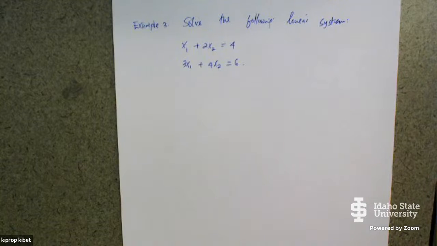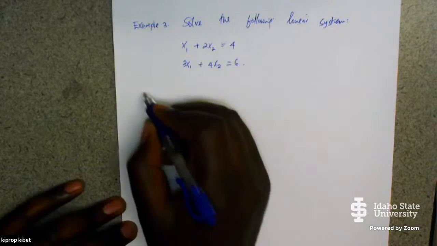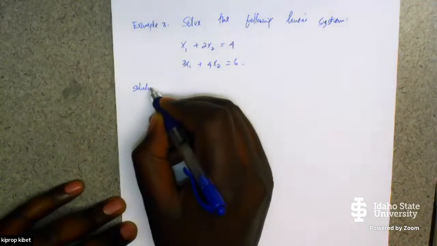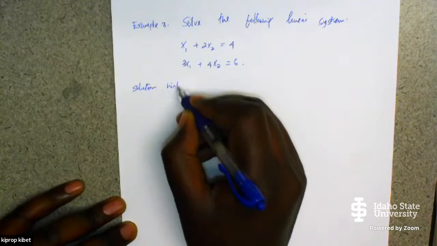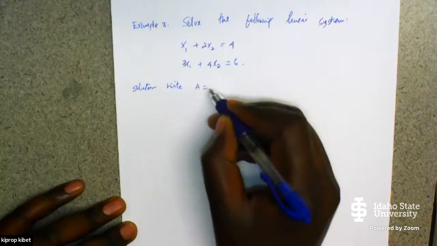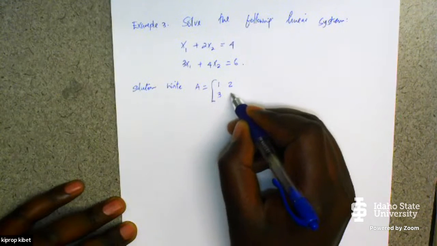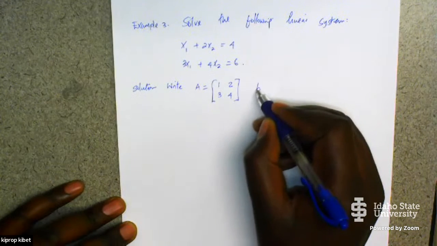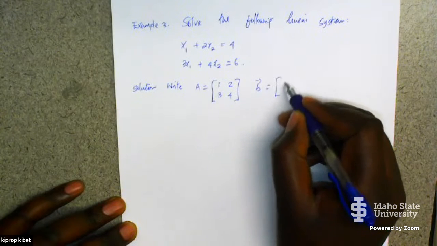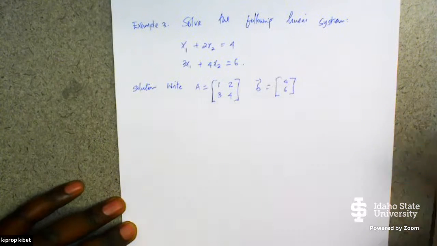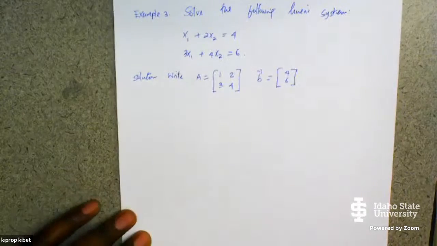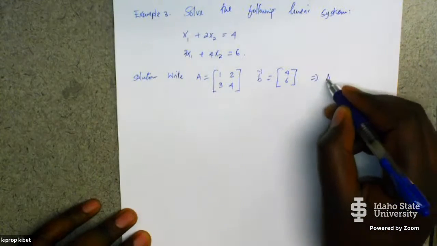So we can write the matrix equation of that. So the solution. Write A to be equal to 1, 2, 3, and 4. Now B to be equal to 4 and 6.